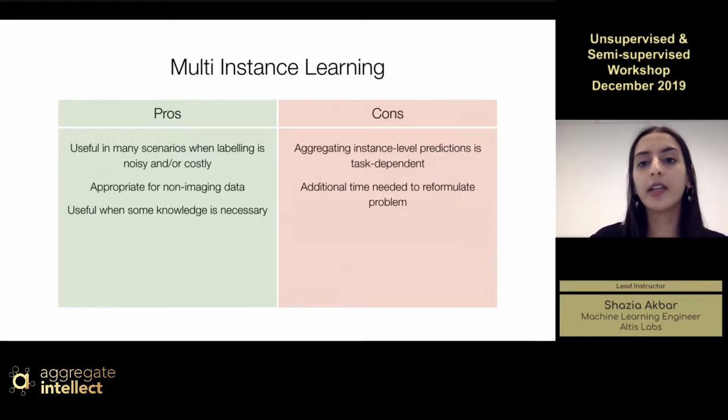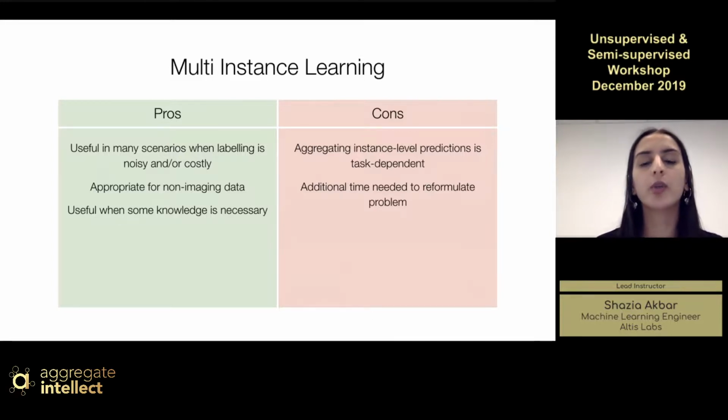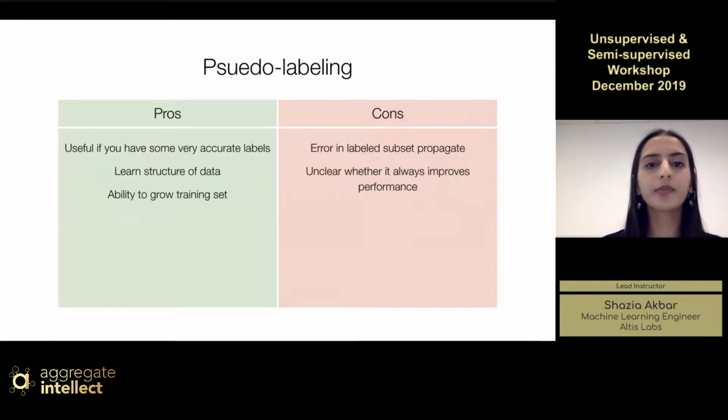Also, the aggregating tasks, so all the MIL pooling techniques that I talked about today, are very task dependent. Sometimes max pooling will work if that is what is needed to solve your task, but sometimes it won't. And often you need to try out a lot of these techniques before you get to a final conclusion as to what works well with your particular data.